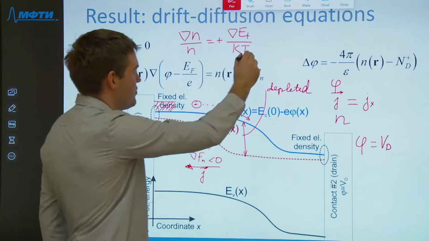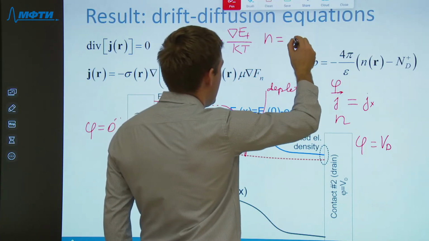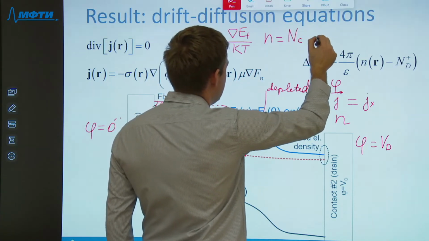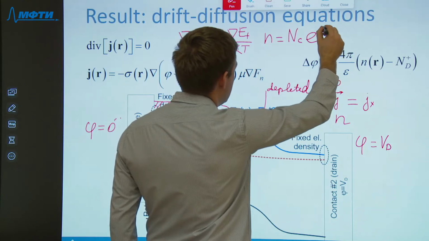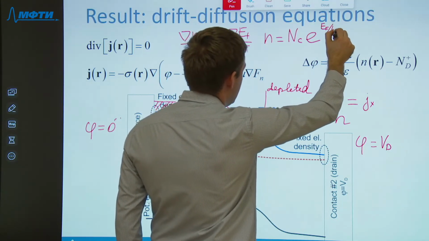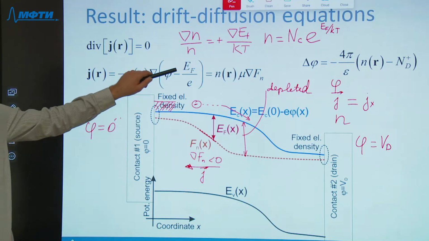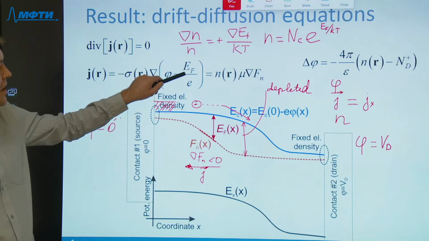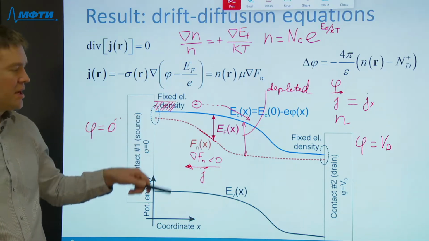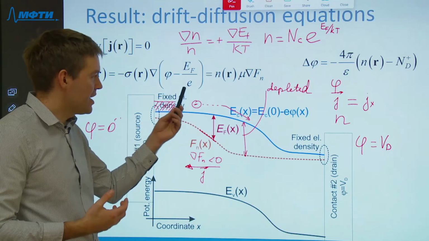It follows from the Boltzmann distribution: n equals the effective density of states in the conduction band multiplied by the exponent of Fermi energy divided by kT. So here we related the current via gradients of Fermi energy, but we can equivalently formulate it via gradients of carrier density.